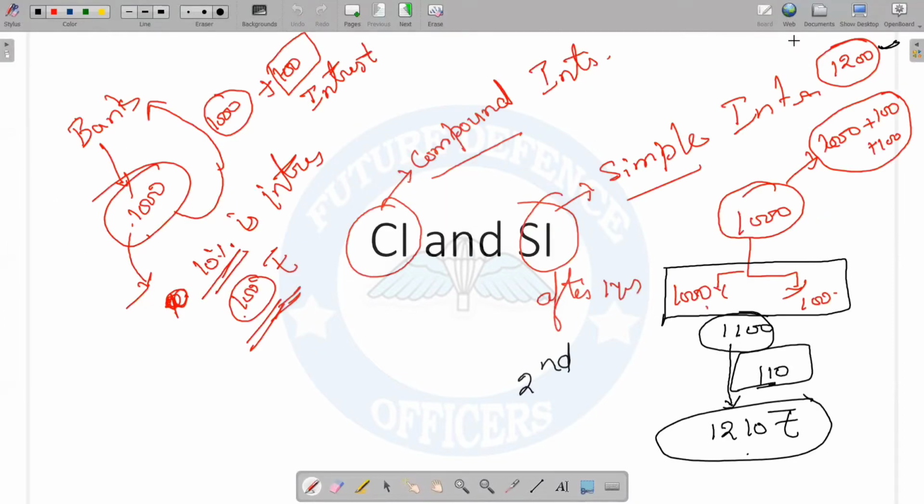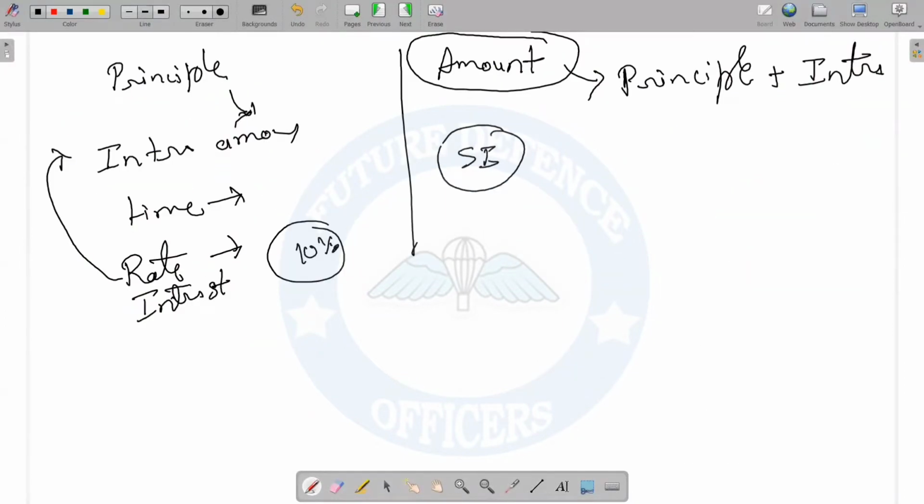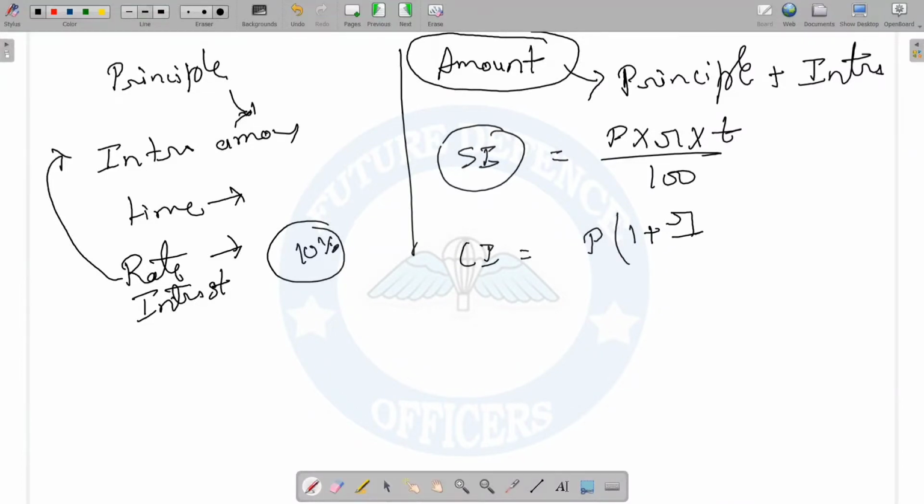What are the points in a formula? This is principal into rate of interest into time upon 100. This is the formula for simple interest, PRT by 100. For compound interest, you all will tell me the formula. What is it? Principal, 1 plus R upon 100, power T. This is the formula for compound interest.